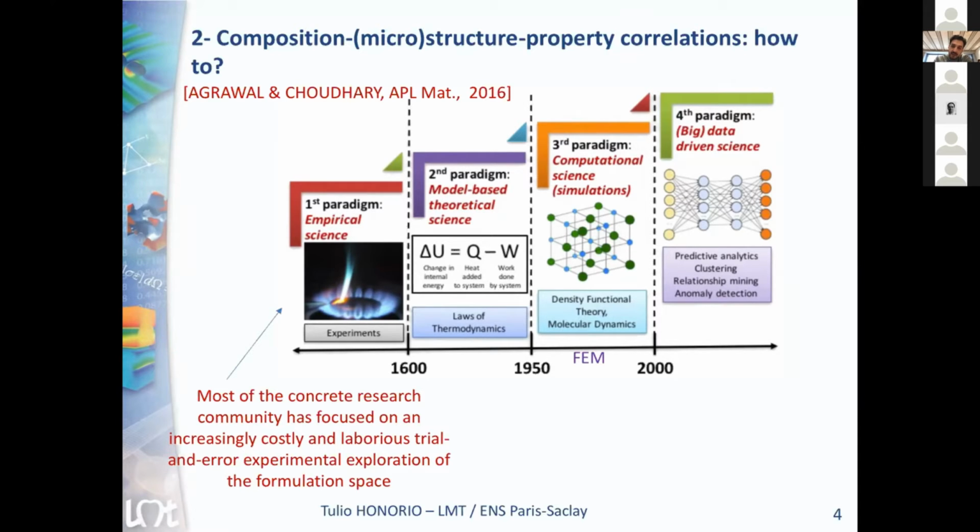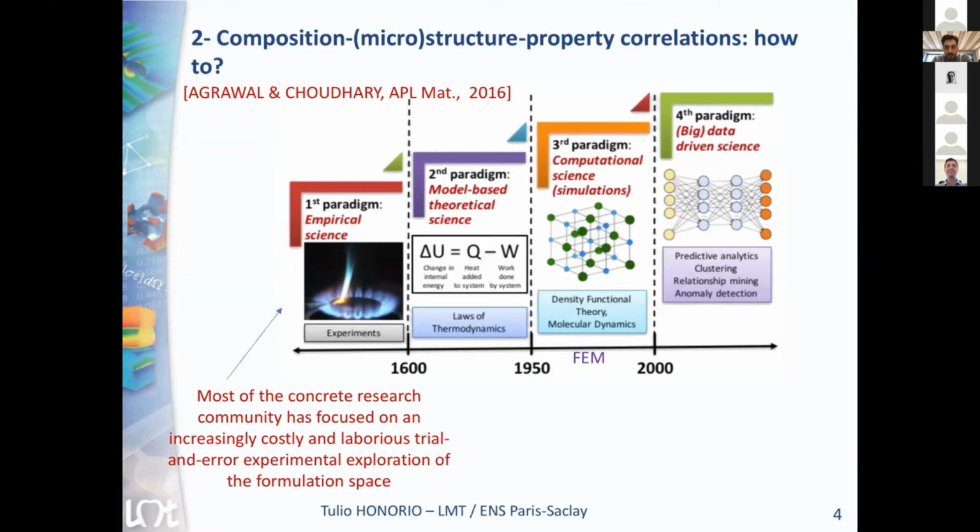And the fourth paradigm, the most in vogue that you see in studies more recently, is related to data-driven science, in which, if you have a reliable database, we can try to make some projections and analyze the data in the database in order to gather knowledge and new information that can be useful.